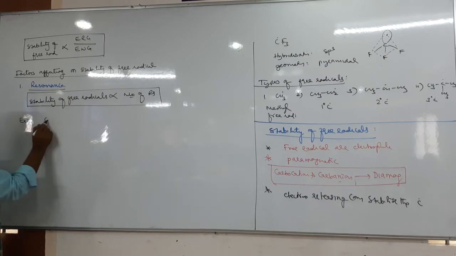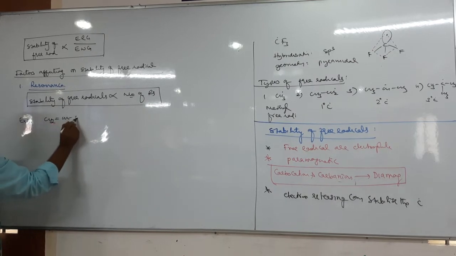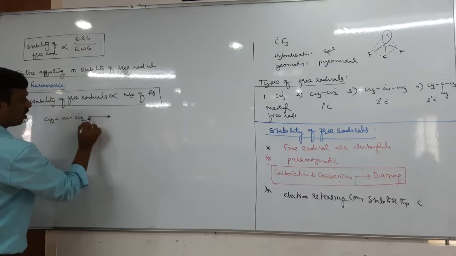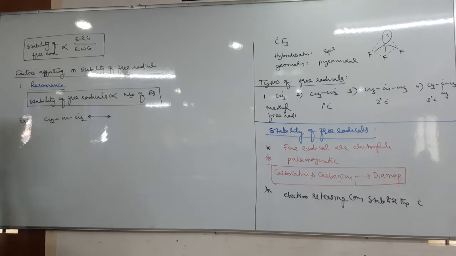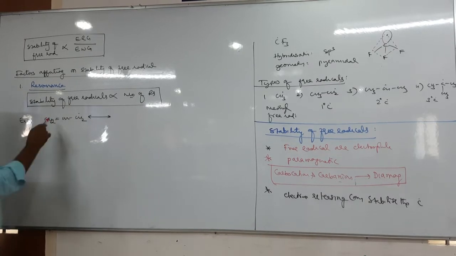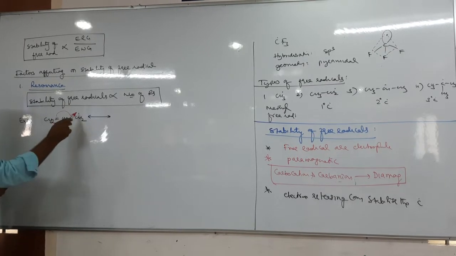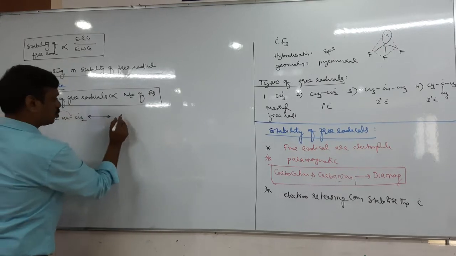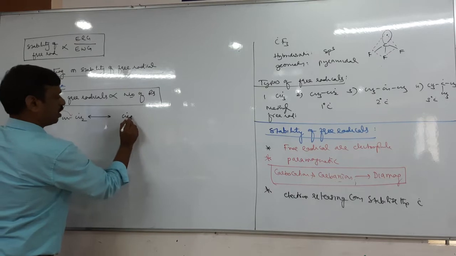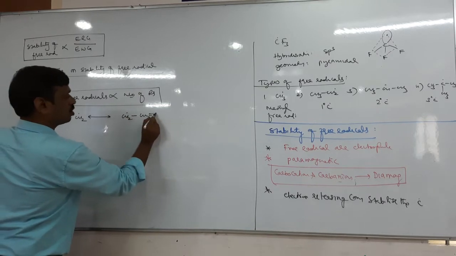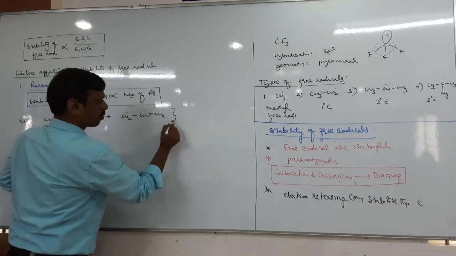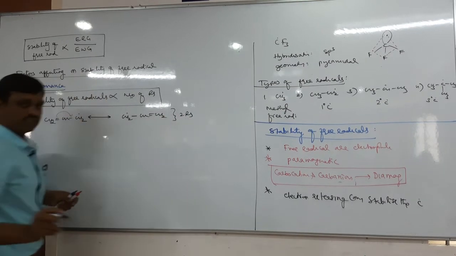So wherever resonance comes, we first study these two, allylic and benzylic. Let's say allylic free radical. This allylic free radical undergoes resonance: the pi bond shifts here and the radical comes here, so that CH2 becomes a single bond and CH double bond CH2. So how many resonance structures? 2 resonance structures.